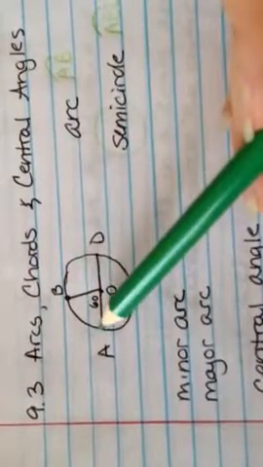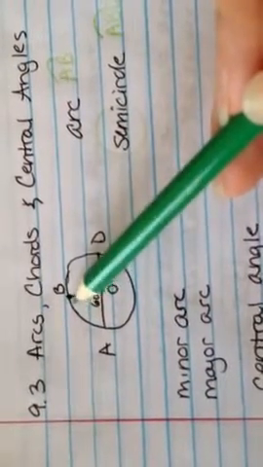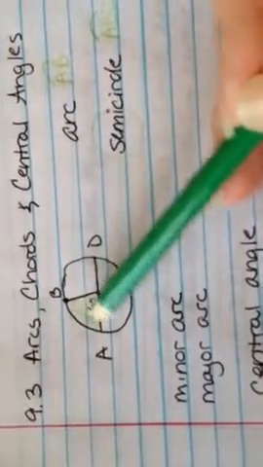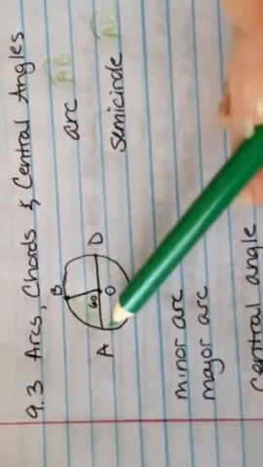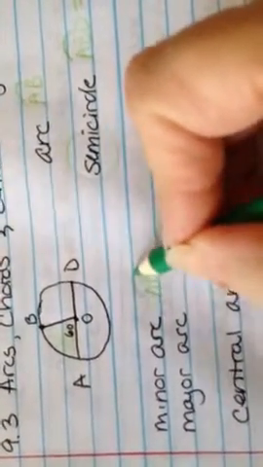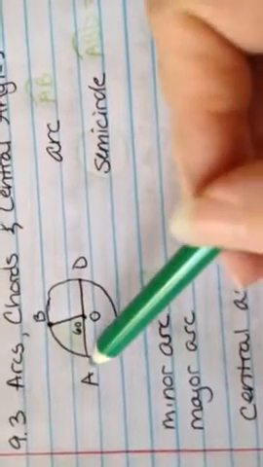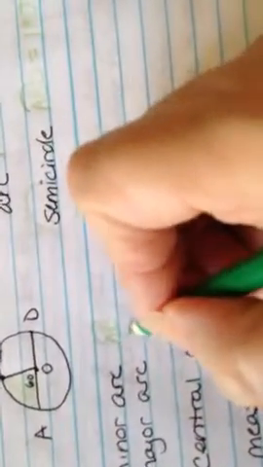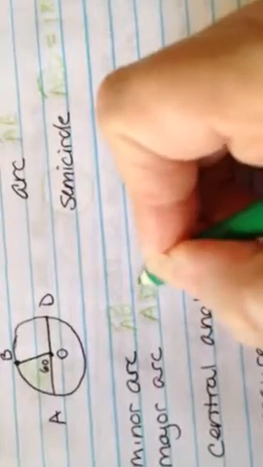And so a minor arc has all of what's in between the edges of your central angle within that arc. So a minor arc here is AB. And a major arc would be all the points that are outside of that central angle. So it's this piece over here. And the major arc would be ADB.